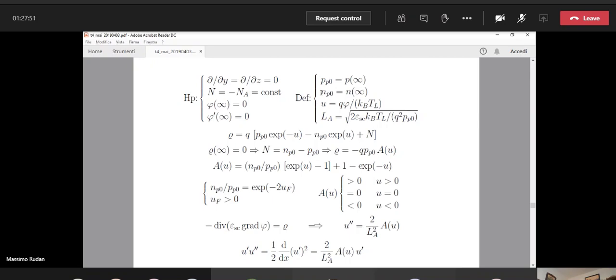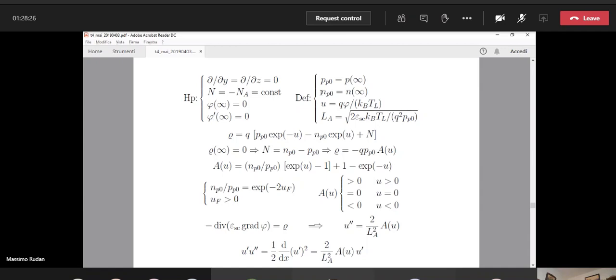The other relation is quite simple. If you observe that when you go at infinity, u becomes equal to 0 because we have placed the 0 of the potential at infinity. So rho at infinity is equal to q times PP0 minus NP0 plus N. But this quantity also must be equal to 0 because the semiconductor at infinity is neutral.